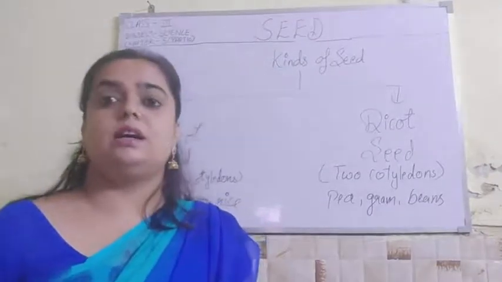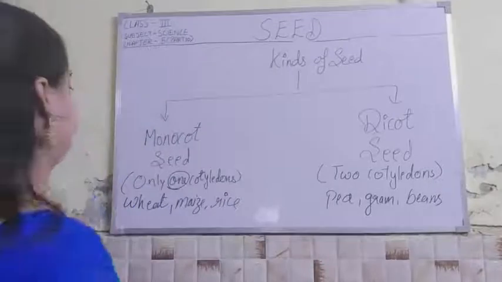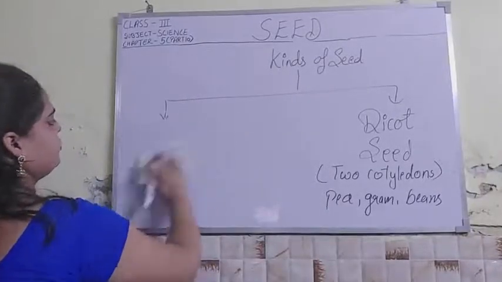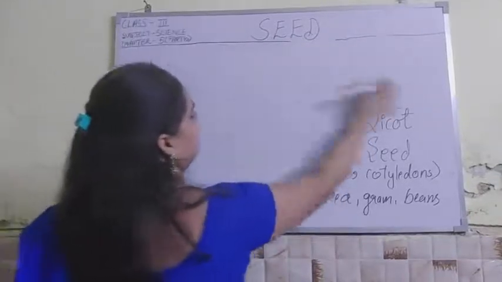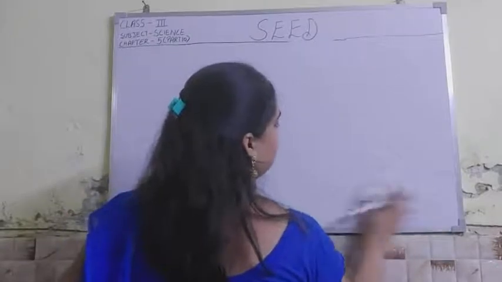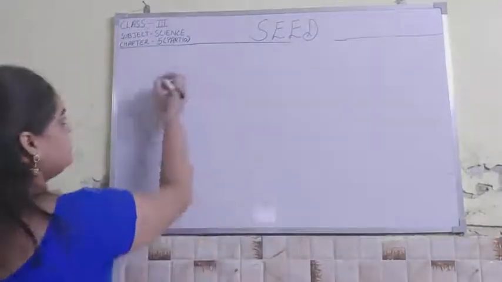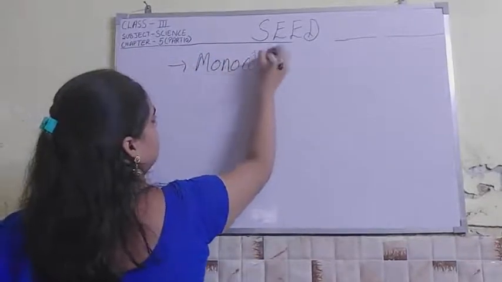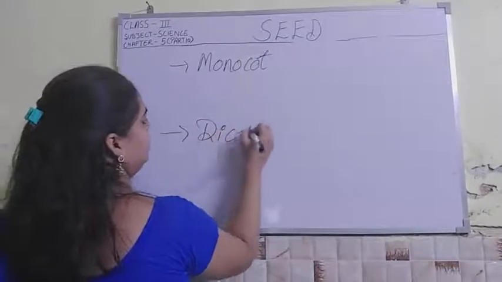This was the kind of seeds. Okay, kinds of seeds. The first one was monocot and the other one was dicot.